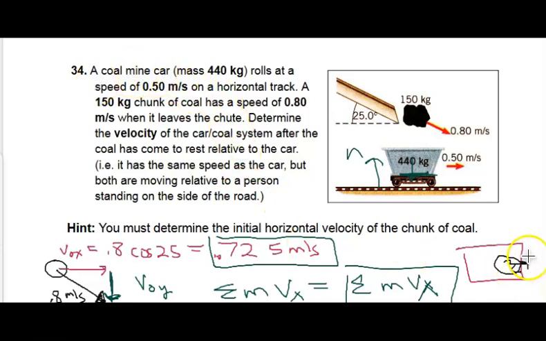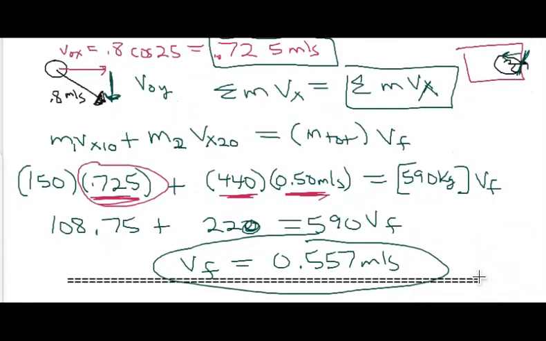It's going to slam into that, which is going to speed the cart up. And by Newton's third law, the wall of the car is going to push the piece of coal to the left, which is going to slow it down, right? So this 0.5 is going to increase because it's being pushed by the coal. The 0.725 is going to decrease because it's being pushed to the left by the wall, and they're going to meet in the middle at 0.557.